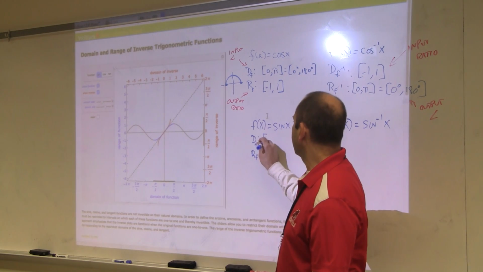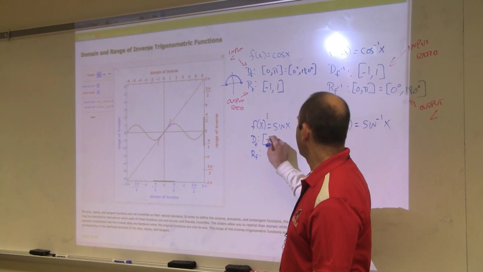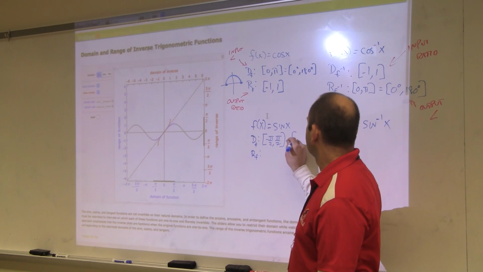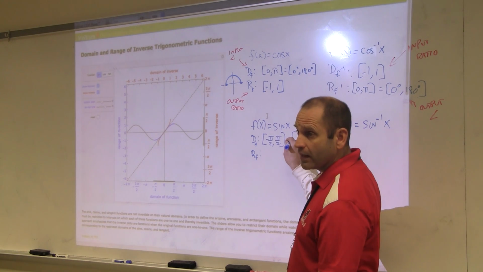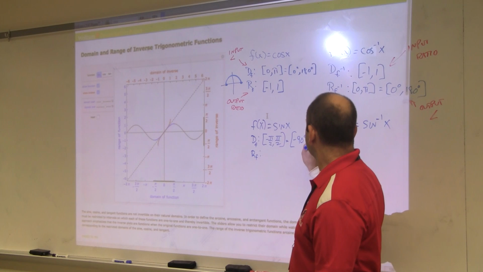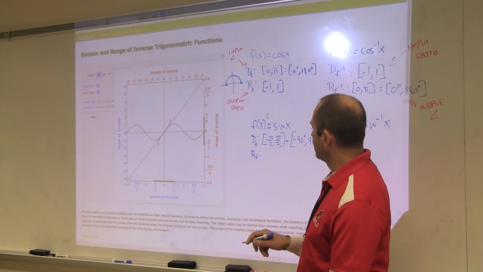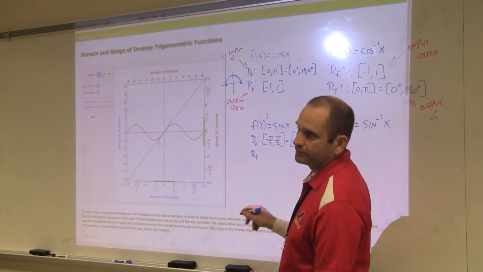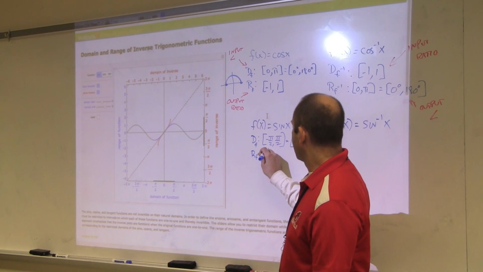The inclusive negative pi over 2 to pi over 2, what would that be in degrees? Yes, but it's negative. So negative 90 to 90 degrees. Good, inclusive. What's the range? What's the range, Josh? Negative 1 to 1 inclusive.